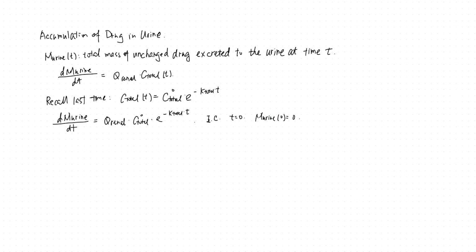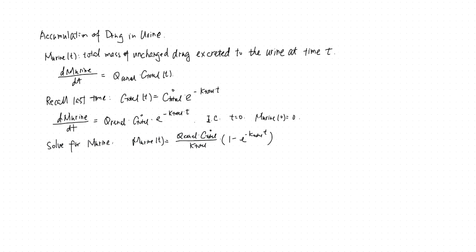So solving for it, you will get M urine as a function of time equals C total naught divided by C total, and some term that involves the exponential term.